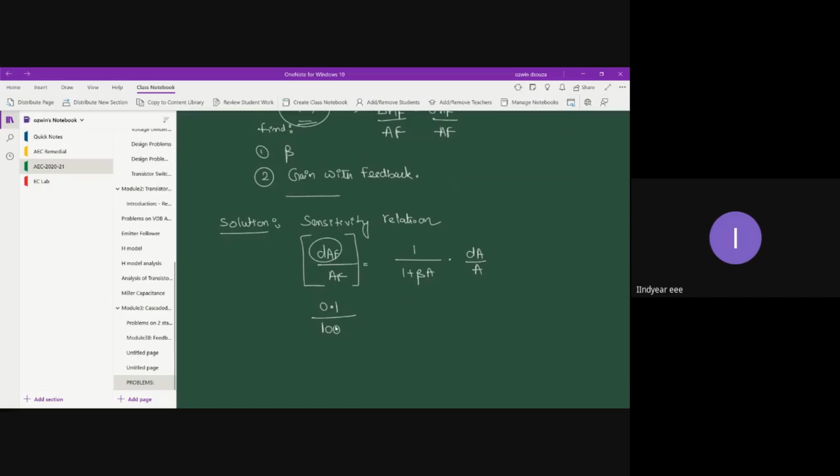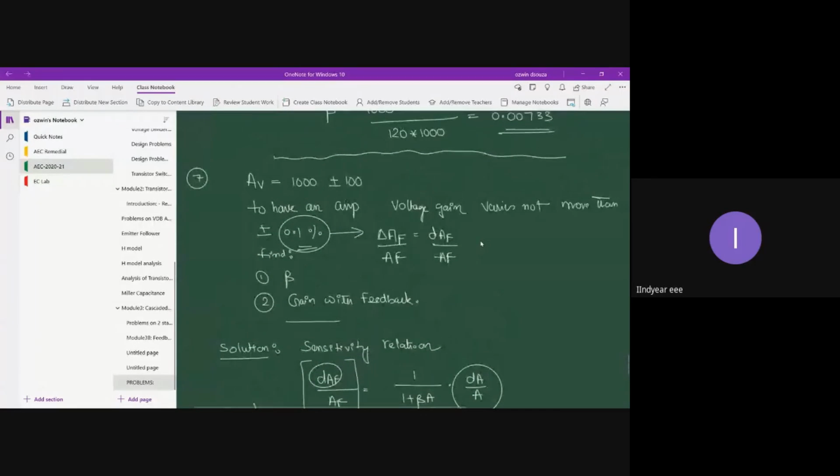So convert it to absolute: 0.1 divided by 100. Plus or minus, don't worry, we will take out the modulus. This refers to 0.1%, which is equal to 1 divided by 1 plus beta A into dA by A. What is this dA by A? Have they mentioned it in terms of percentage basis? No, they haven't mentioned it in terms of percentage basis.